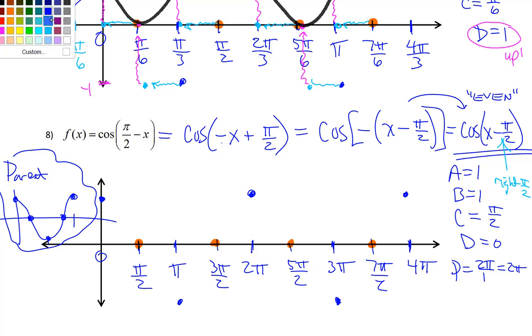And now let's do our phase shifting. We're going right pi over 2, which means everything's moving one tick mark to the right. All of our points are moving one tick mark to the right.